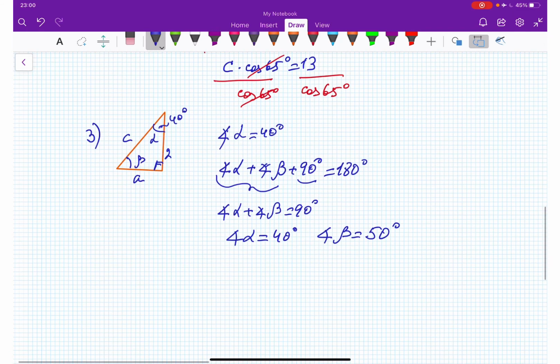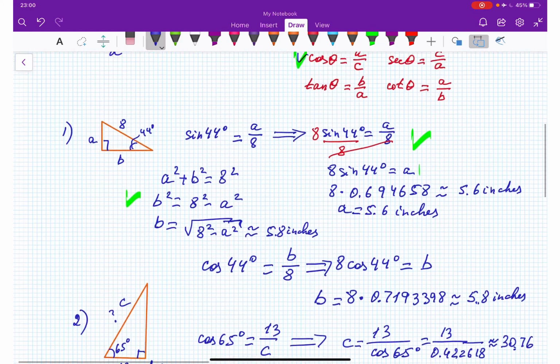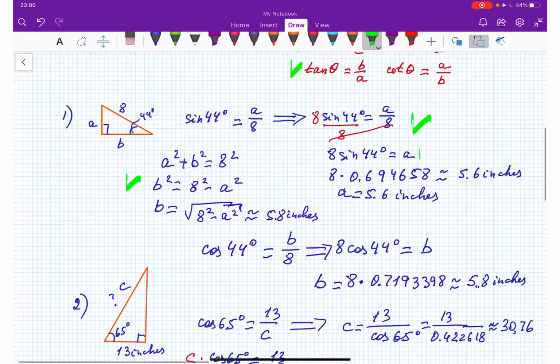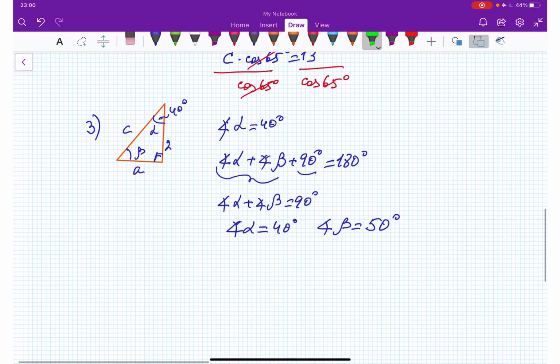Leg A I can find out using the definition of tangent. Remember, tangent we can find using two legs: opposite leg divided by adjacent leg. So if I want to find tangent alpha, which means tangent 40 degrees, that's going to be equal to the opposite leg, A, divided by the adjacent leg, which is 2.